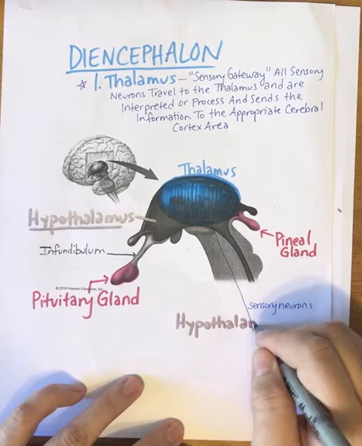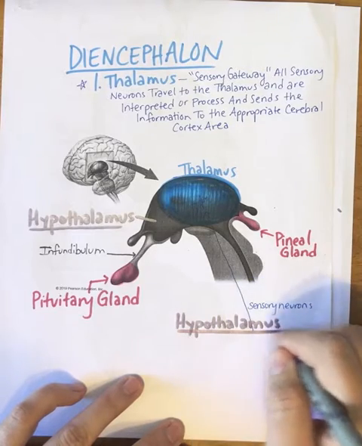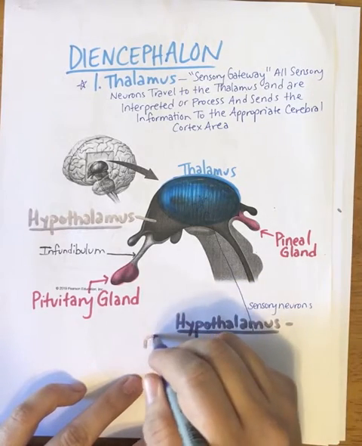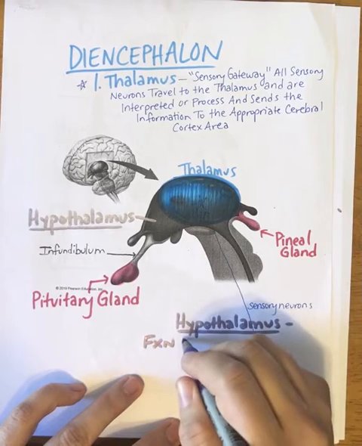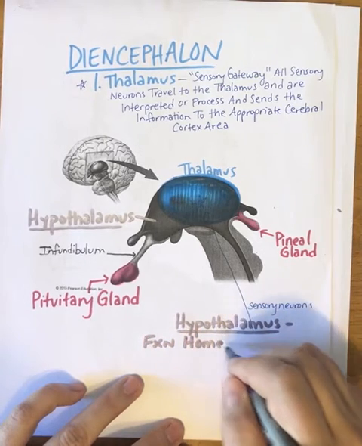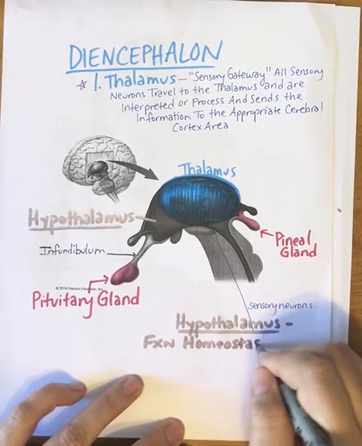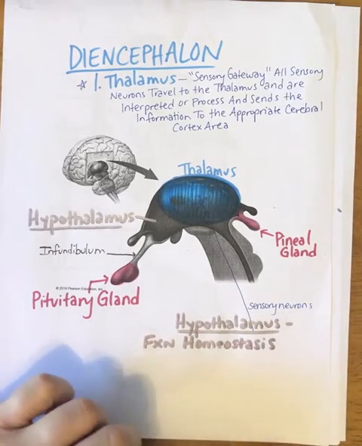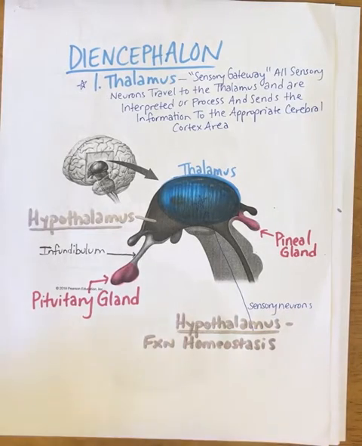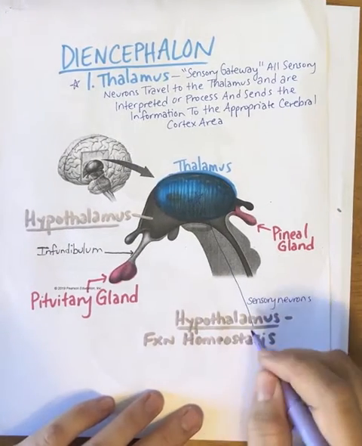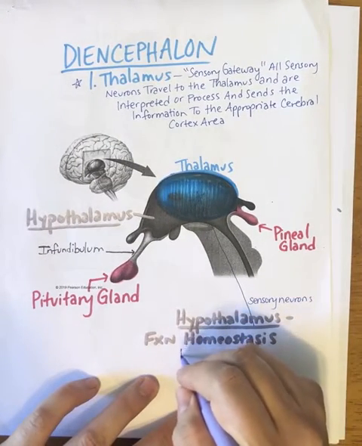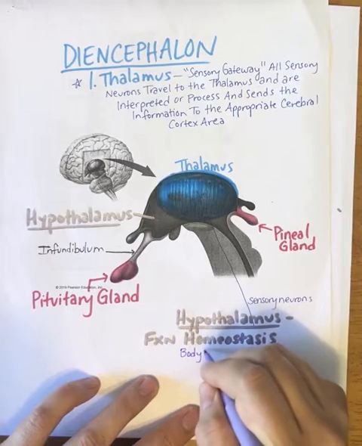Hypo means below. Its job is homeostasis. Now, a lot of different homeostasis functions are here. When we say homeostasis, that's equilibrium in the body. So, the homeostasis it's going to control is your body temperature.